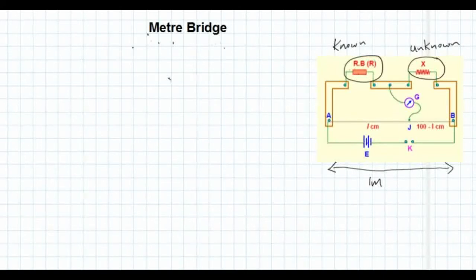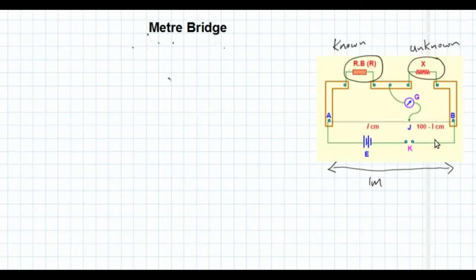Then from the middle of this I-shaped strip there is a galvanometer. This G represents the galvanometer, and as we have discussed, the galvanometer will show the presence of current. Then this galvanometer is connected to a jockey, so this J represents a jockey.